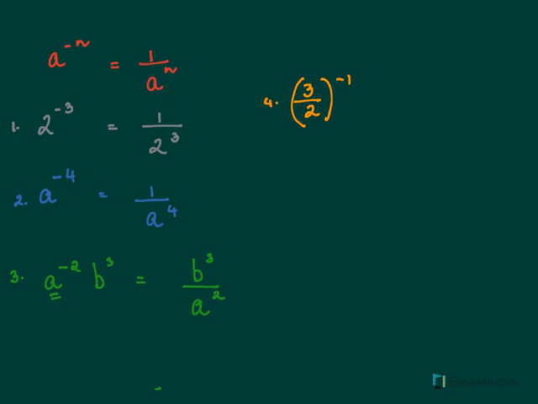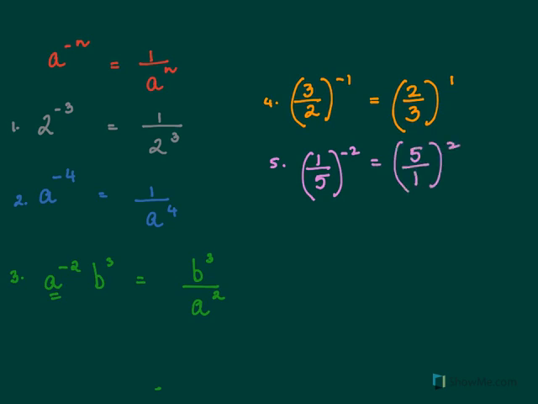This is the fourth one. If I want to make it a positive power, I just have to take the reciprocal, that is 2 over 3 raised to 1. For the fifth one, if I have 1 by 5 raised to minus 2, it will be 5 by 1 raised to 2.